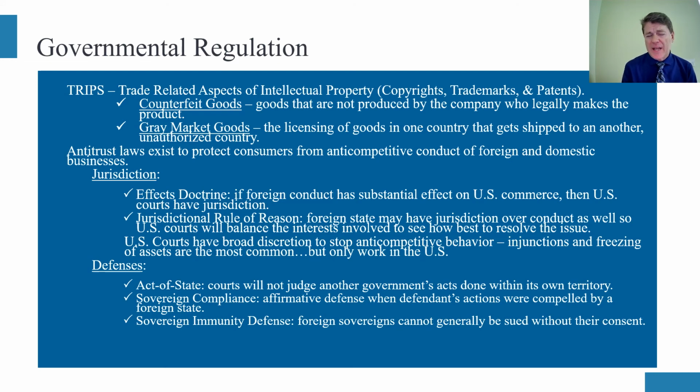And lastly, the sovereign immunity defense, if you're actually trying to sue, let's say, a foreign government. The U.S. is this way also. Normally, you can't sue the government unless the government gives you permission to sue them. Here in the U.S., as an extension of British common law, the idea is that the crown, so to speak, would not let you sue the crown unless the crown gave you permission.